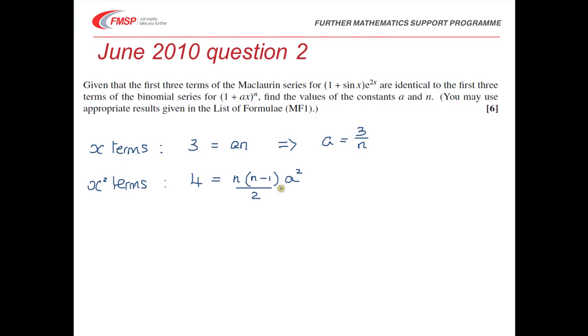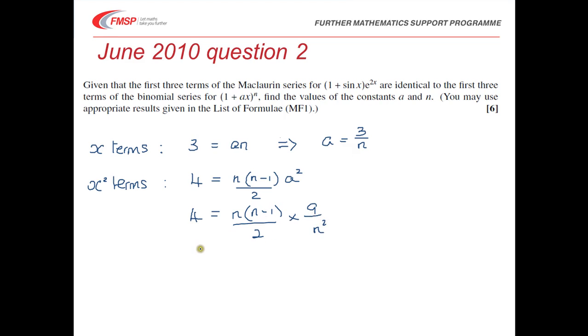Substituting that into this second equation, we'll get 4 equals n(n minus 1) over 2, and a squared now will be 9 over n squared. If we simplify that through, you should end up with a quadratic.